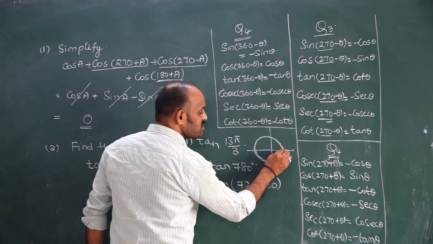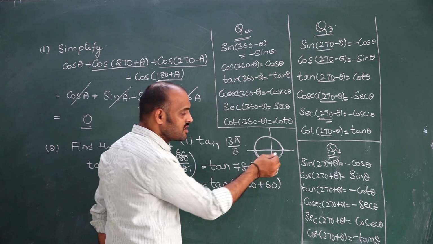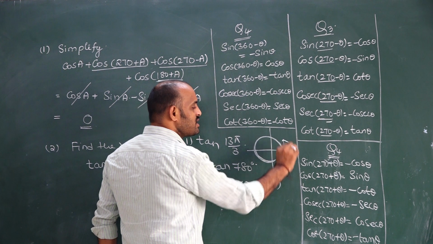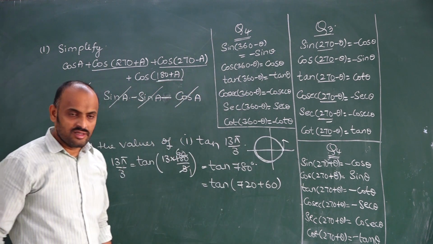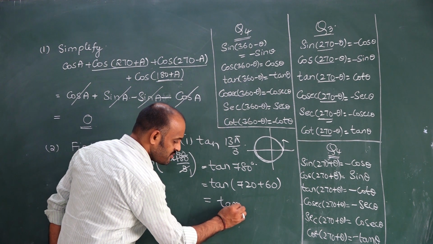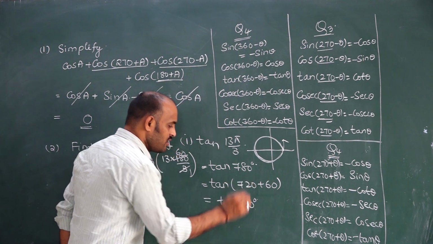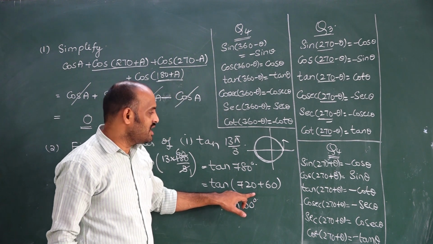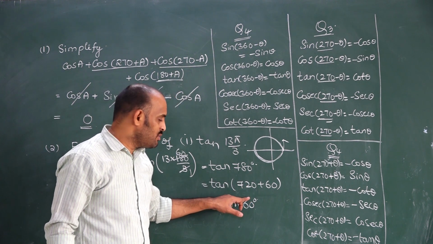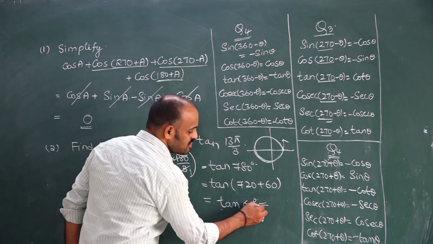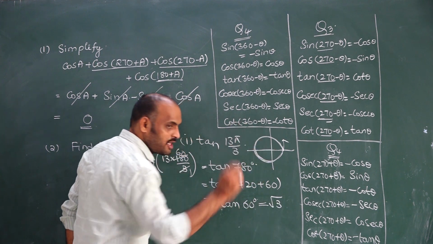If you complete one more circle, another 360. 360 plus 360 is 720. 720 plus theta means first quadrant. In the first quadrant, tan is positive. 720 is an even multiple of 90. For even multiples of 90, tan remains tan. Tan 60 degrees is root 3.